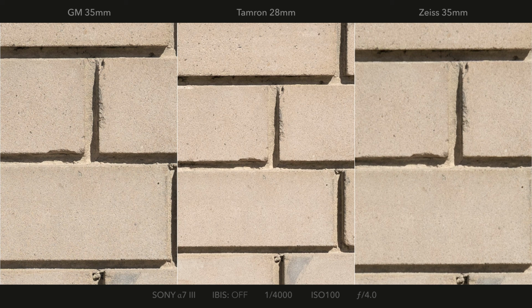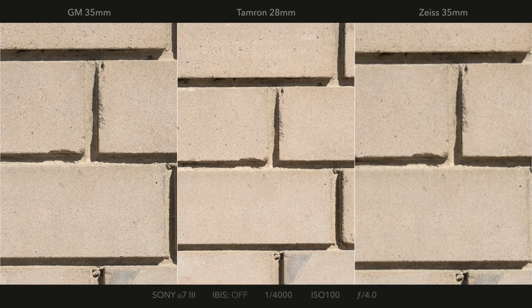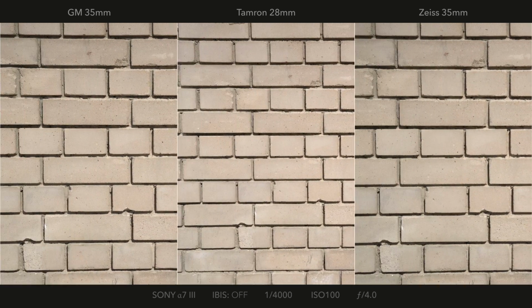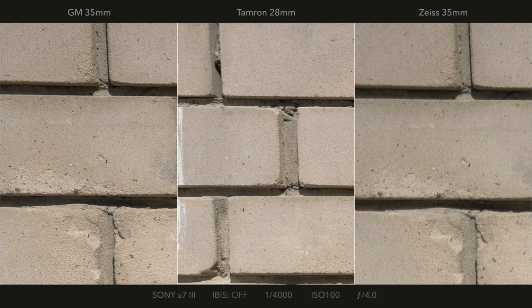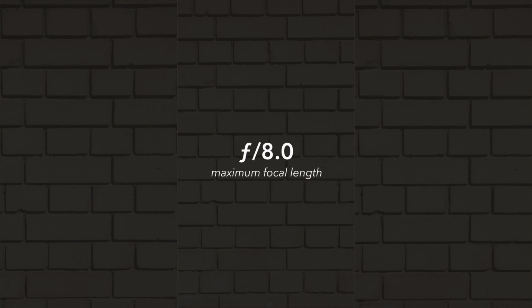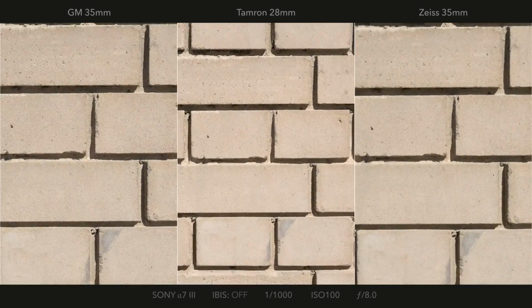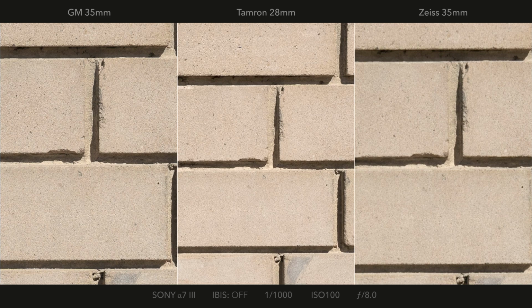I've owned the Zeiss for two years and I already know that the image quality is pretty soft at 35mm. At f5.6 and f8, the G Master matches Tamron's sharpness in the center and sides.